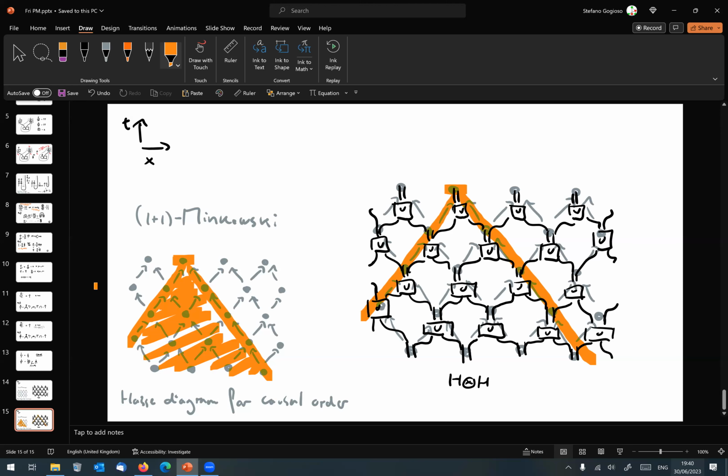I just want to have a function that from the inputs, I first want to identify what the initial slice is. So where do I have to specify my initial data? And then I want to have a single CPTP map that transforms my initial data onto the final data that I want to read. So I want to know what the state is at the end if I set any initial state. I want to know both where I have to set the initial data and what the final data is. And so I have to take this slice.